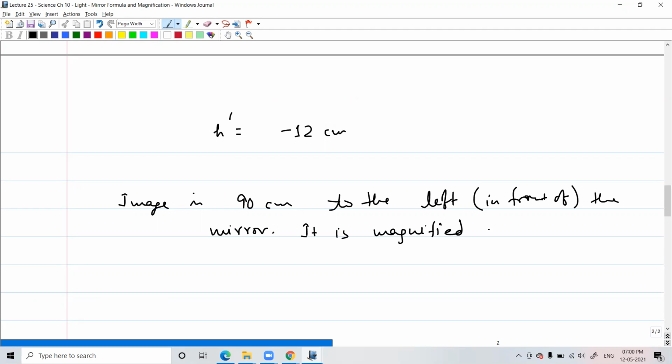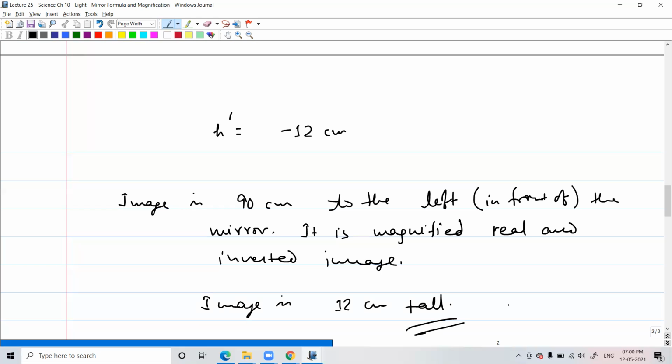It is magnified, real, and inverted image. Image is 12 centimeter tall.